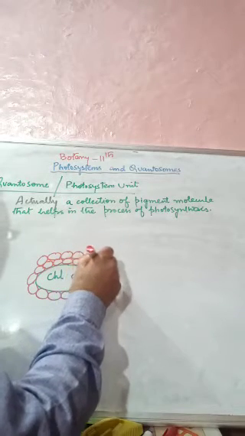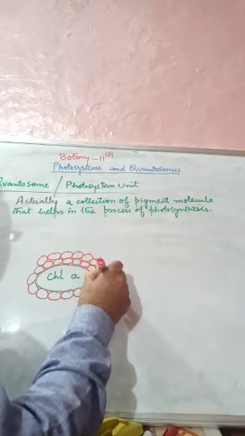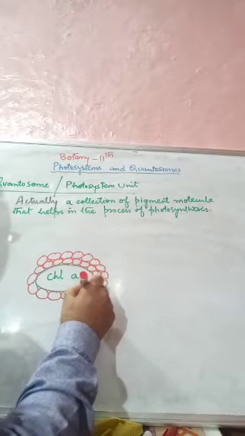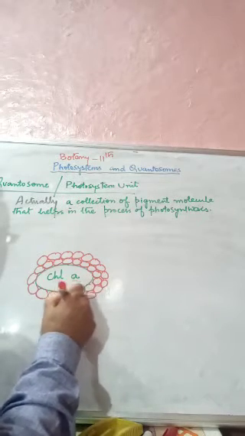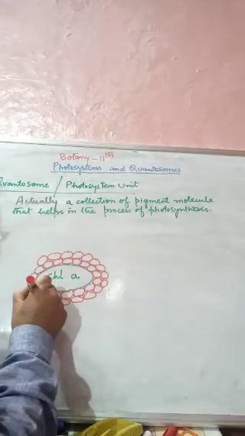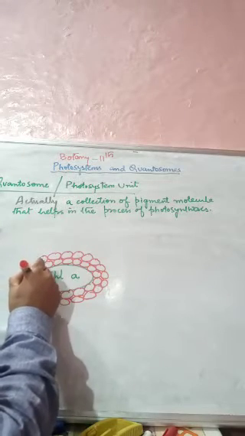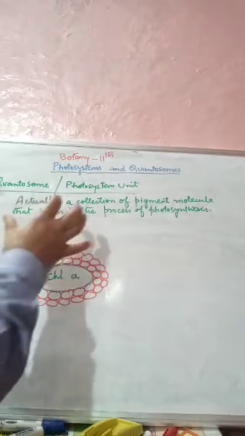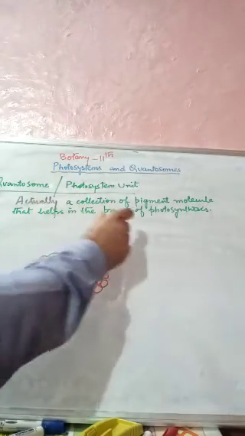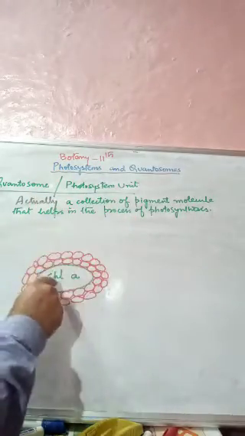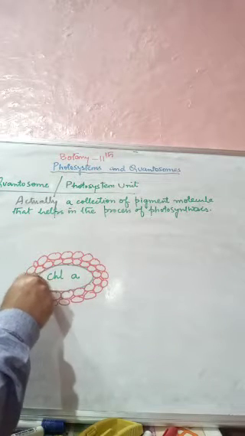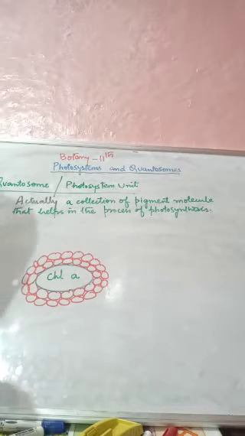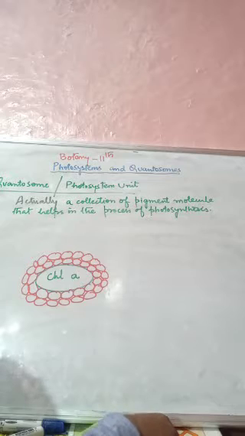First, I will draw this diagram. But that is enough. So what we will see in this photosystem unit is that in the center there is the chlorophyll A.